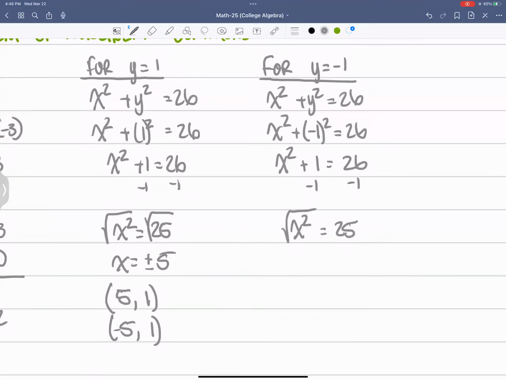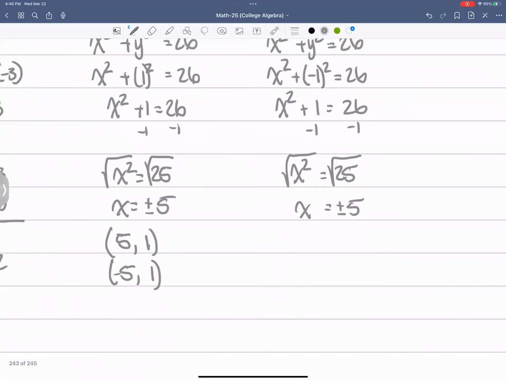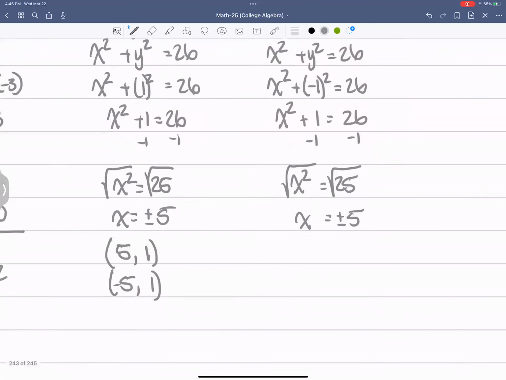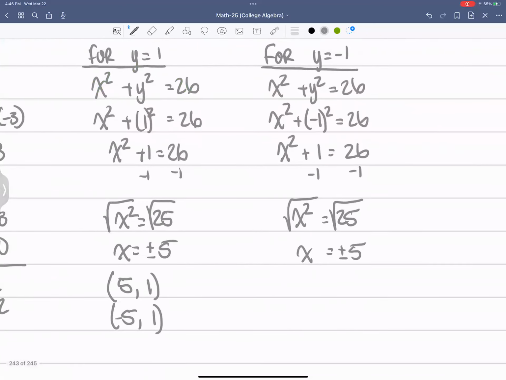We take the square root of both sides. X is equal to plus or minus 5. It should just be x, we just did the action of the square root. All right, so this gave us another two solutions. Here, when x is +5, y is -1. And also when x is -5, y is -1.